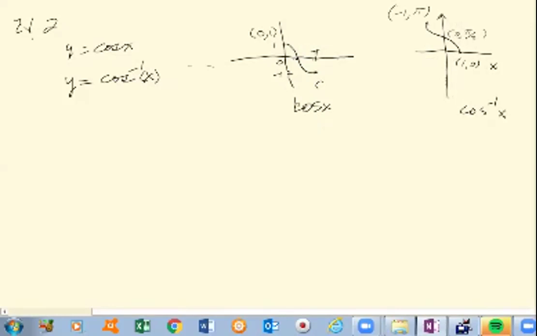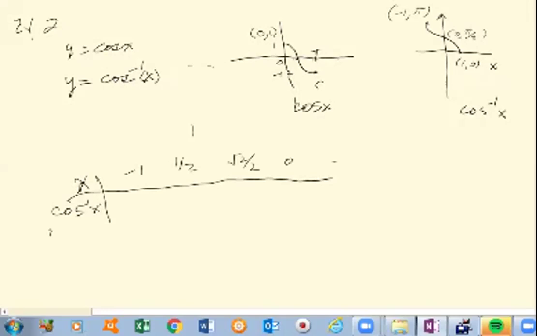Okay, so when we answer questions about the inverse cosine, we're trying to find the inverse cosine of x. On my chart, I have -1, 1/2, root 2 over 2, 0, and -√3 over 2.